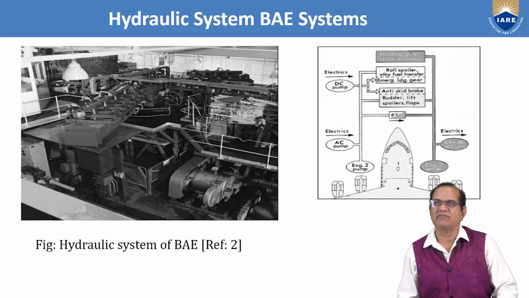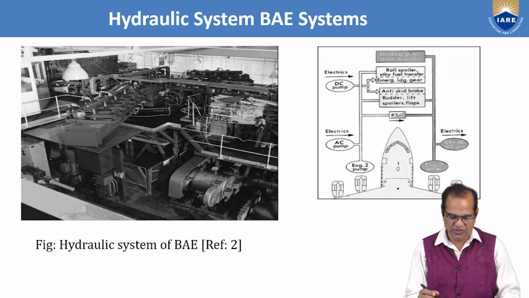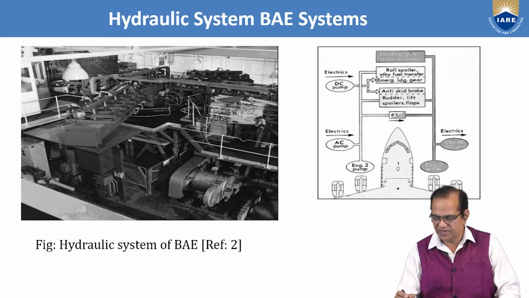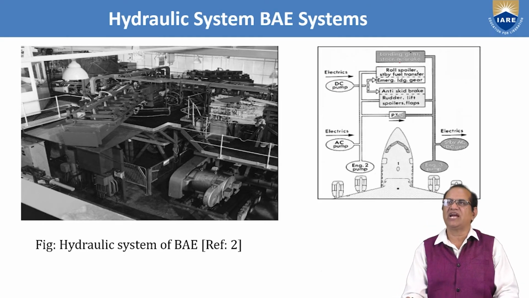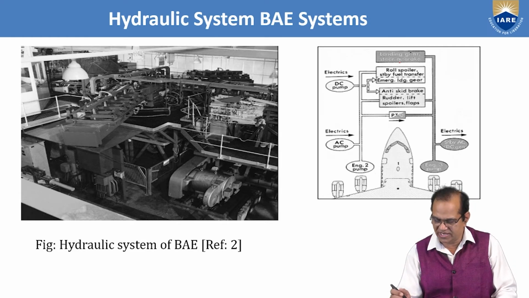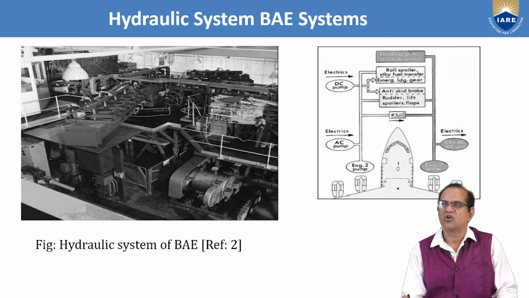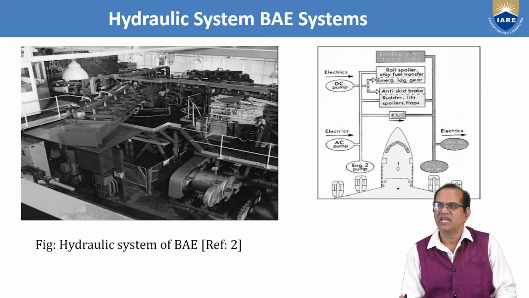Here, the hydraulic system of the BAE is shown. You can see how this hydraulic system is working, with the anti-skid brake, roll spoilers, stability, fuel, DC pumps, electronics, AC pumps and electrical systems here.